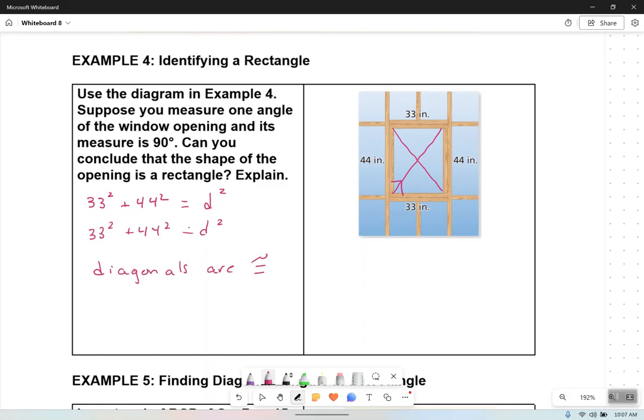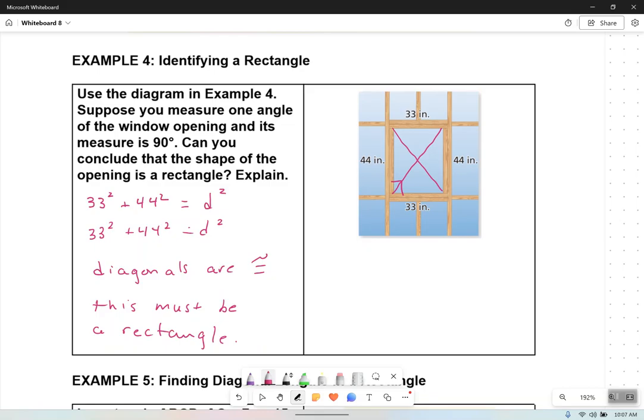Diagonals are congruent, therefore this must be what kind of shape? I don't know how to make it much simpler than that for you guys. Now, hopefully it's not confusing, but are you on board with that?